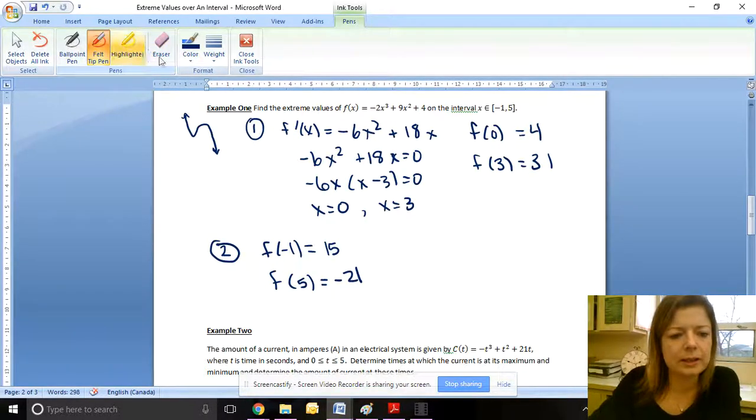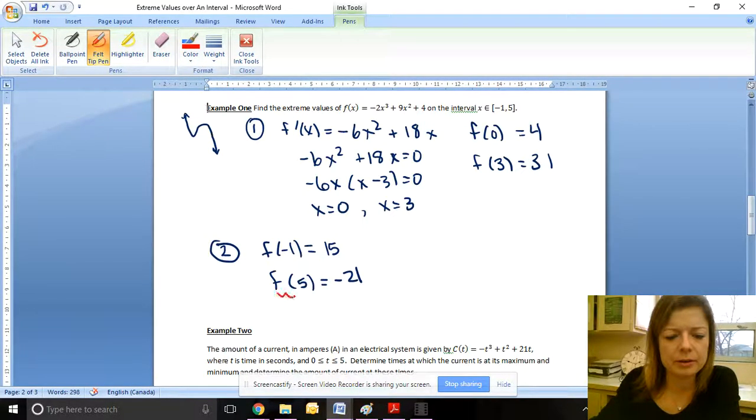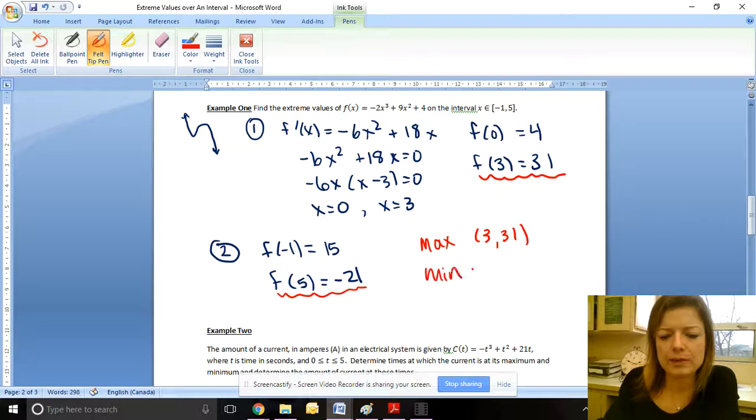So now let's take a look. Our lowest y value occurs here, and our highest y value occurs here, so we can make a conclusion. The max value occurs at the point (3, 31), and the minimum over this interval occurs at (5, -21).